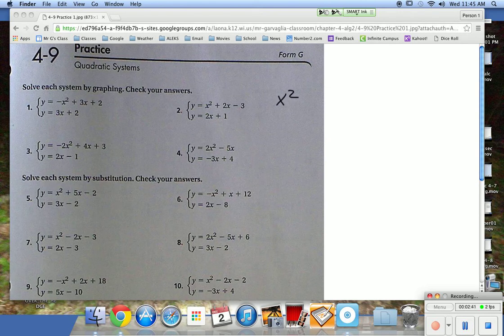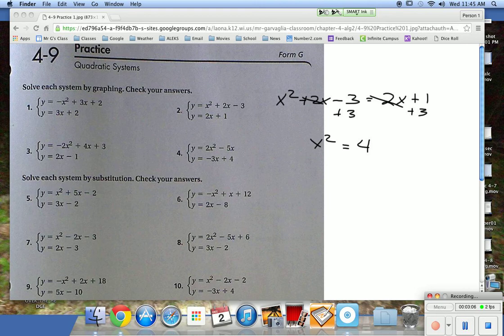x squared plus 2x minus 3 equals 2x plus 1. Well, we can get rid of the 2x's, right? They cancel each other out. Bring the negative 3 over, so we add 3 to both sides. x squared equals 4.